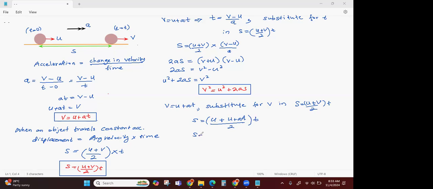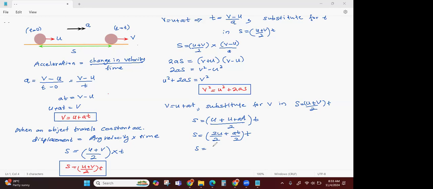So then I can write s equals u plus u is 2u plus at. This whole thing divided by 2, I separately divide by 2, and all things should multiply by t. So then here 2 and 2 cancel.